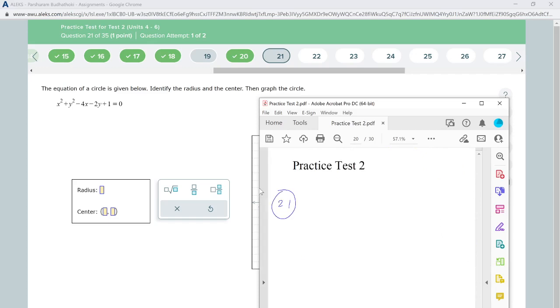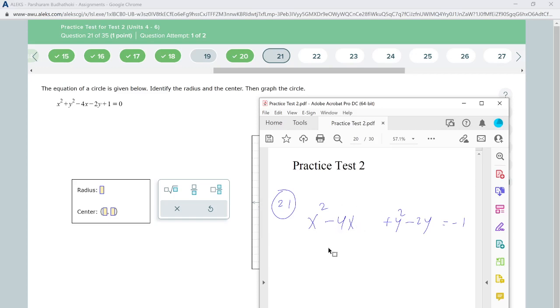So first of all, write down the equation. Write the x terms together, the y terms together, and then the constant to the right side. If I do that, I can write x squared minus 4x together plus y squared minus 2y together, and if I subtract 1 from both sides, I get -1 on the right side.